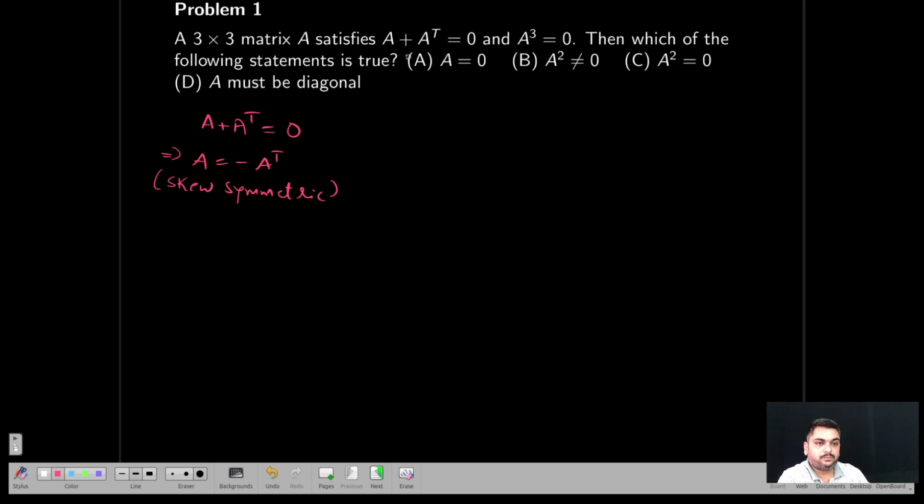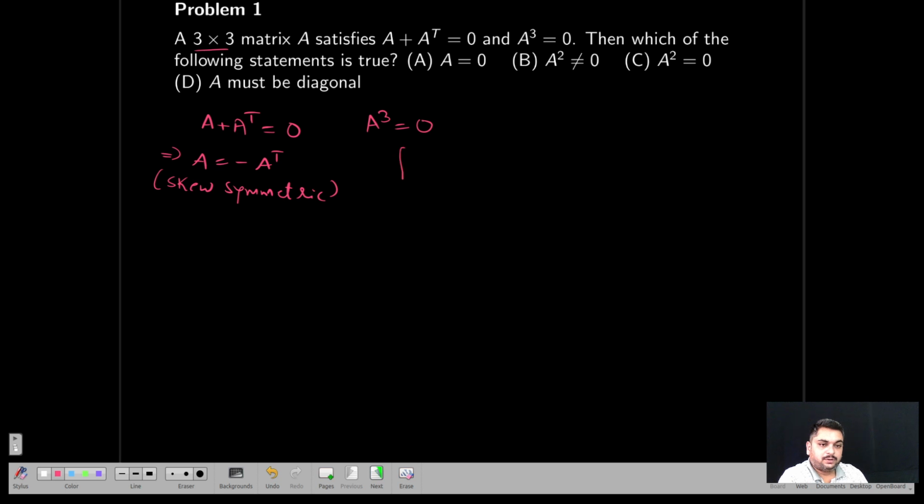Also they have given that A cube, that is multiplying the matrix 3 times, will give me 0. And which of the following statements is true? Even though they have given 3 cross 3, let us test it for 2 cross 2 also, so that it holds. Take a skew symmetric matrix.